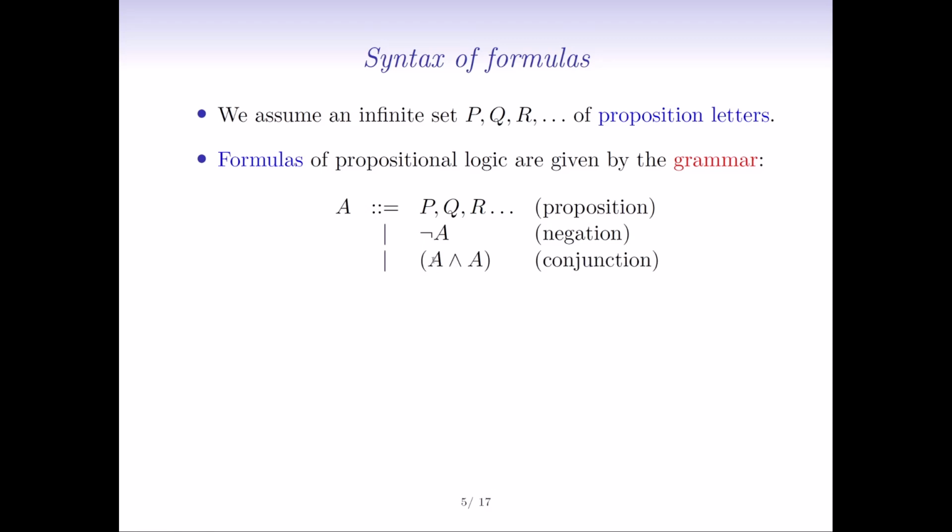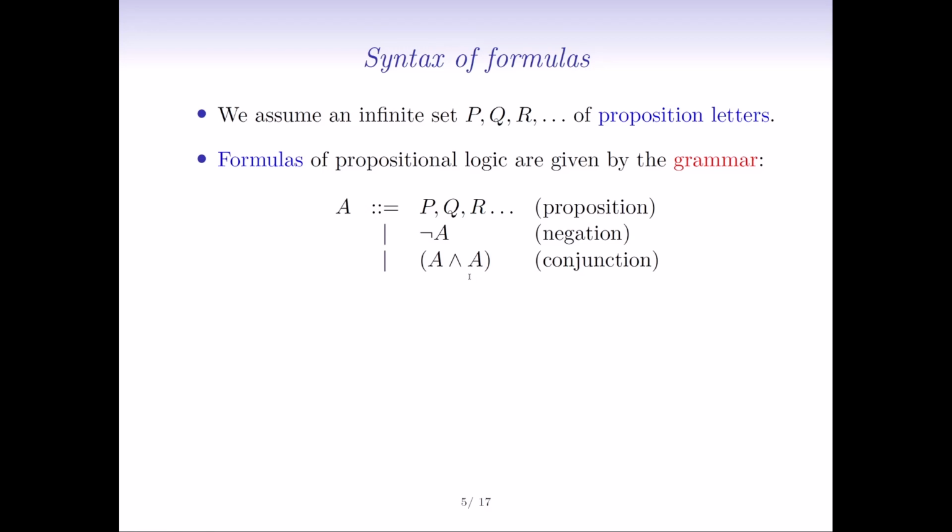Or if I have two things that are propositional formulas, then I can write their conjunction, A and A. Although I don't mean that they have to be the same formula. I simply mean that they both have to have somehow the same type. So really, this grammar is defining a type of propositional formulas, and we're saying that the two arguments to the conjunction have got to be of the same type.